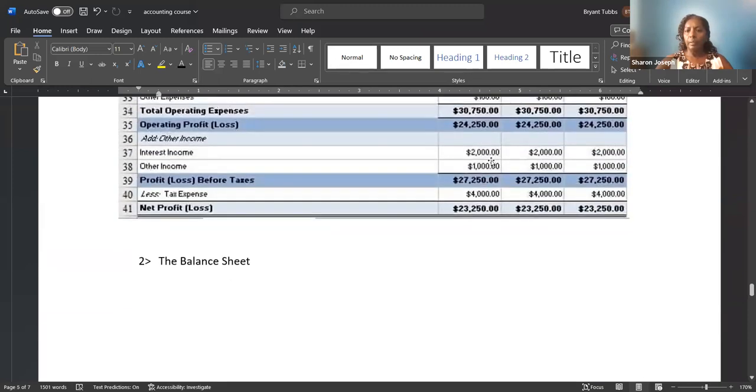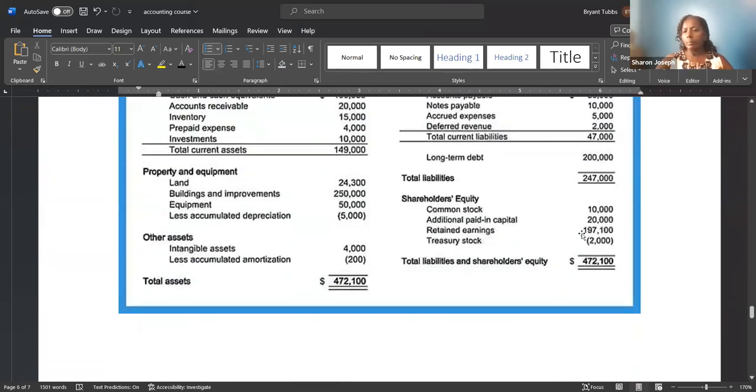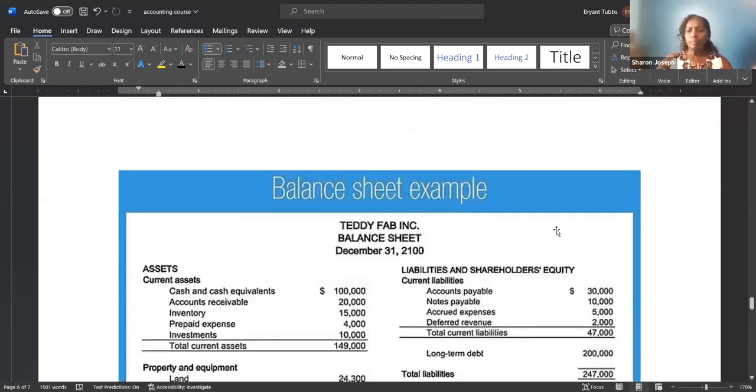So this 23 at the end of the year will increase this number over to $220,100. I had to do that math real quick in my head. Sorry about that. So that's how the income statement and the balance sheet are related to each other.